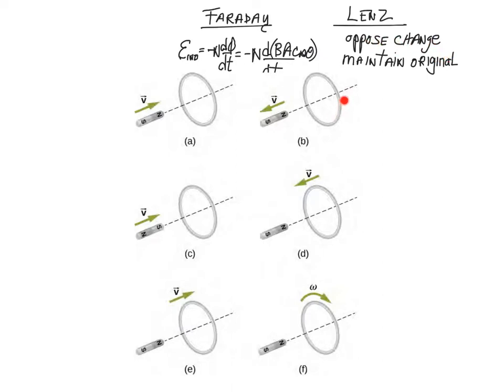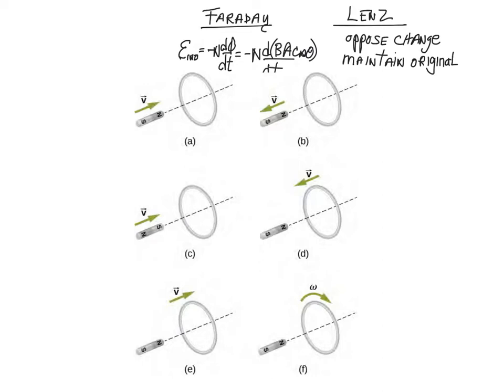And if the current is clockwise, then this is the south pole of a magnet. And so as you try to pull the magnet away, there'll actually be an attractive force trying to hold the magnet in place. So pushing the magnet in repels the magnet. Pulling the magnet out of the coil attracts the magnet. Those are the ideas that you want to keep in mind when you do these.